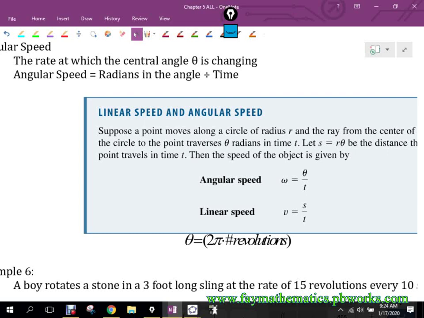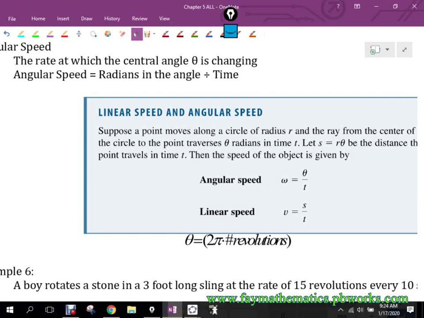When it gets to here, the velocity vector would be that it's moving kind of downward that way. But in this instance, now it's moving down that way. So as this thing's moving around, the direction of that speed is different at each instant.